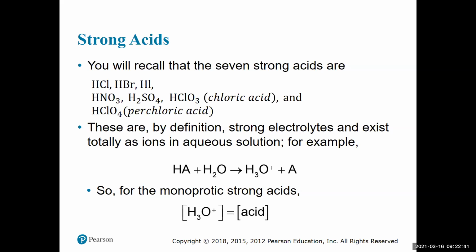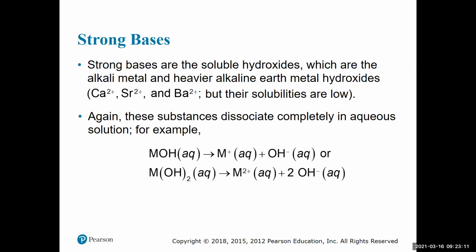In a strong acid, we're saying that pretty much happens completely. There might be a tiny bit that doesn't dissociate, but really, for all practical purposes, it donates fully. And what that means is this hydrogen ion concentration, this hydronium ion concentration, is the same concentration as the acid. Okay, because it's dissociated completely.